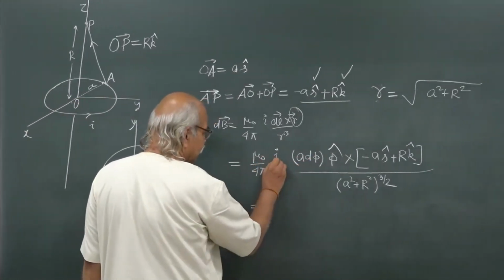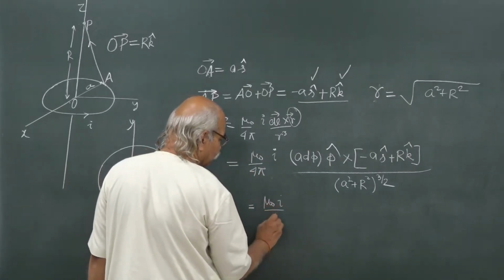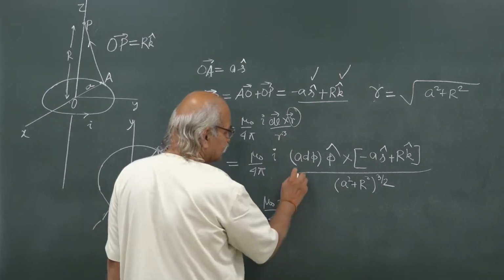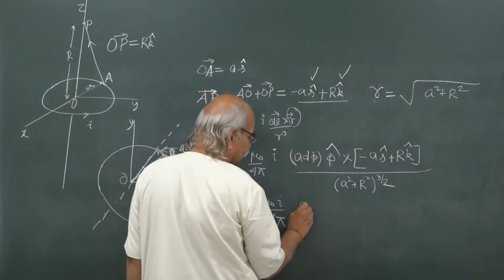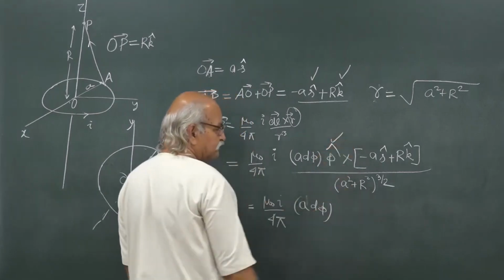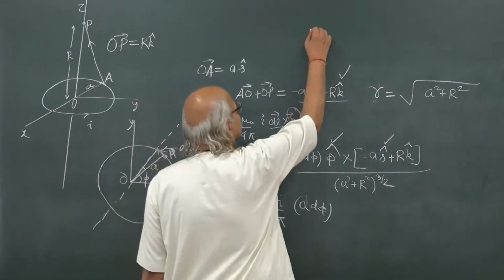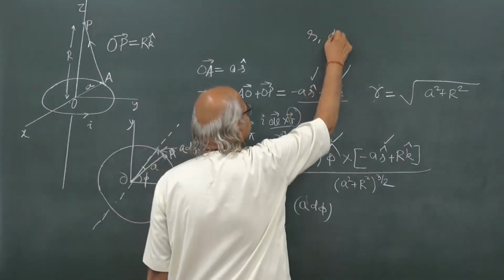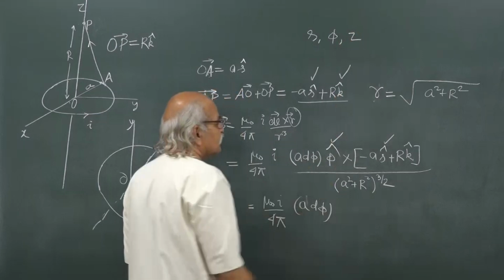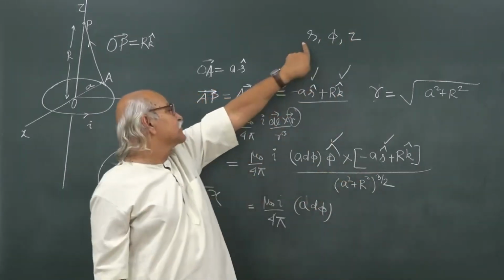So first let us simplify this. This is mu naught I by 4 pi. Then we have this A d phi, phi cap cross s cap. The sequence is s, phi and z, so phi cap cross s cap is the opposite.